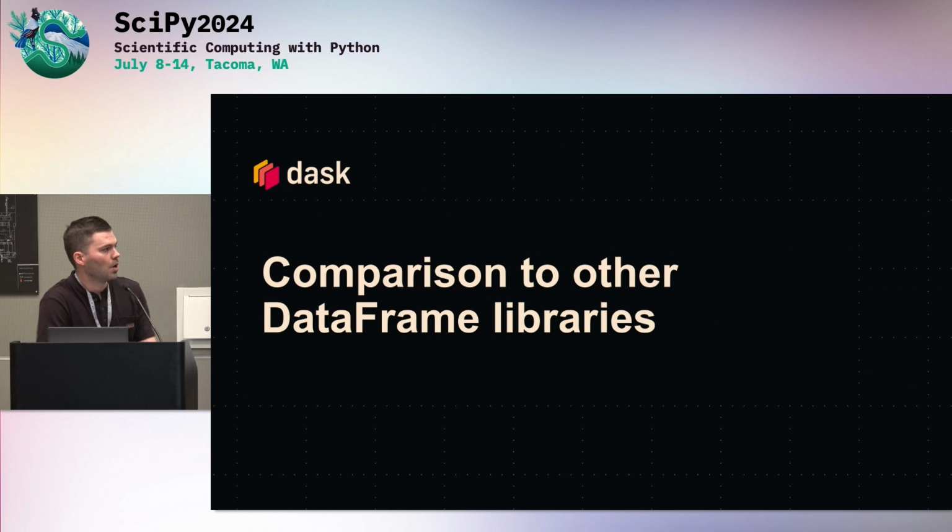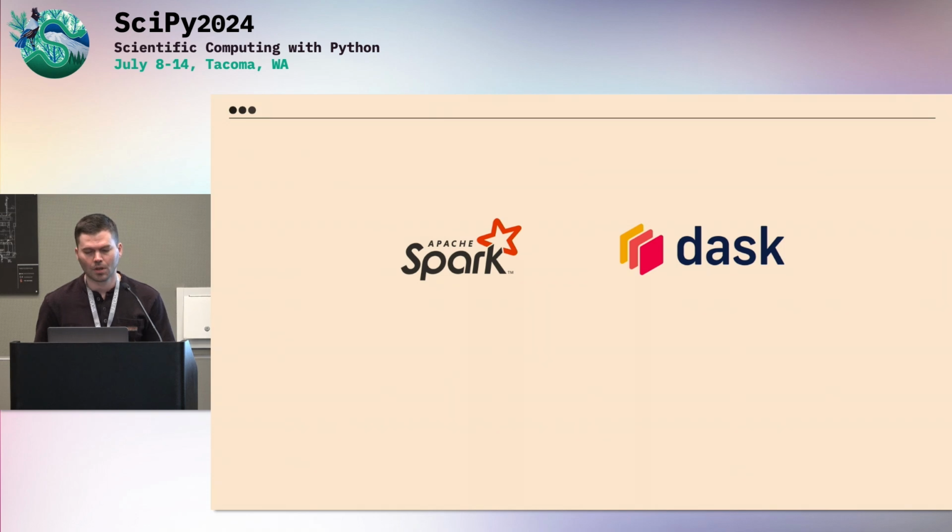Okay, so that's it for the technical updates side. So let's go ahead and look at how this new and improved Dask DataFrame compares with other libraries in the space. Historically, when dealing with larger than memory, big tabular data sets in Python, the 2 tools that people tended to reach for were either Spark or Dask.